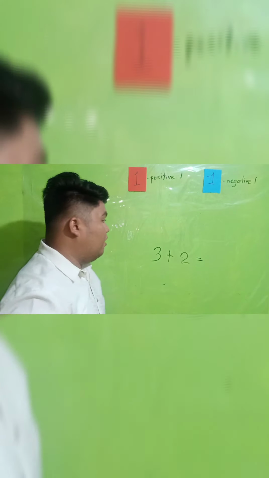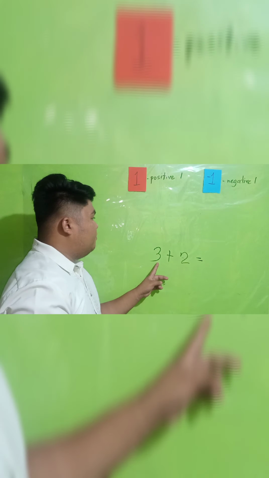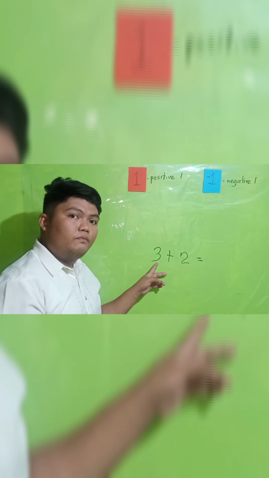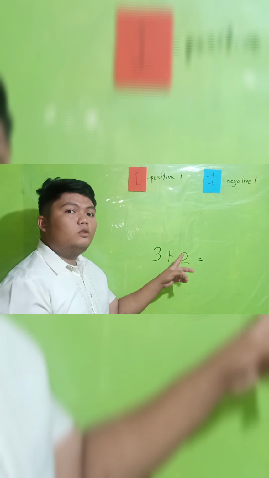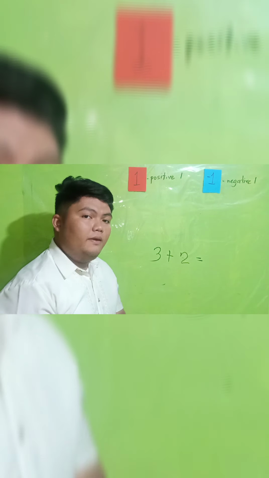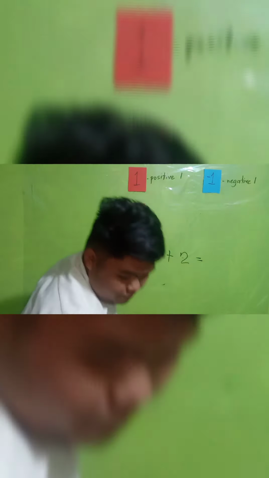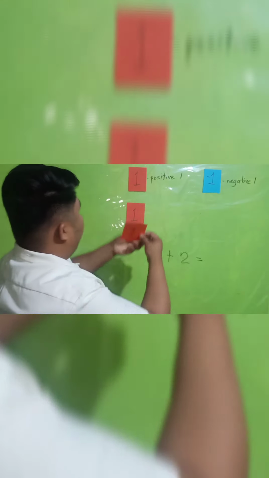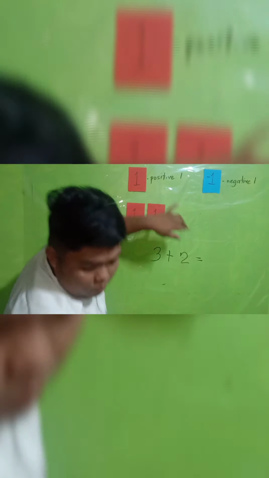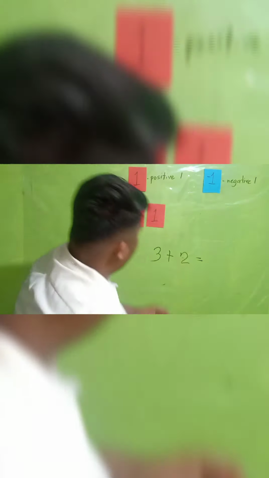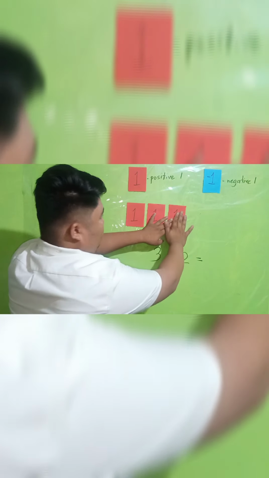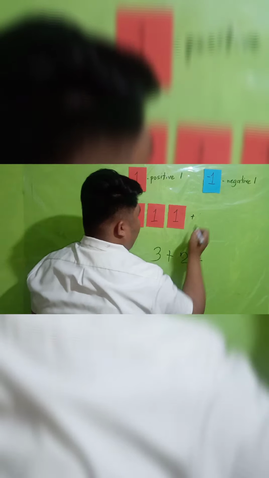What we are going to have is 3 positive added by 2 positive. Okay? So, we have 3 positive. So, red is positive. 1, 2, 3. Plus 2 positives.